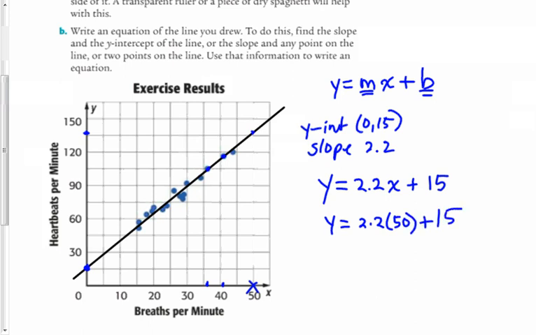And 2.2 times 50 is about 110, plus 15 is about 125 according to my equation. So the equation makes it a little easier to make predictions. All right.